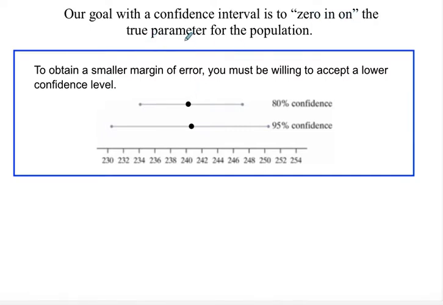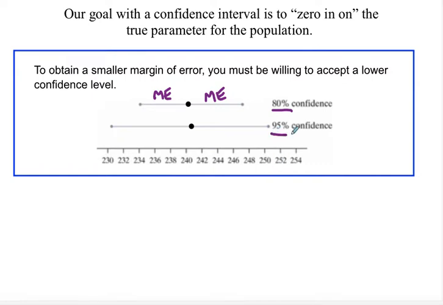Okay, so our goal, you would be a little bit more credible if you could zero in on the true parameter. Well, in order to zero in, you would need a smaller margin of error. Remember, this is your margin of error that you subtract from your point estimate, or this is the margin of error that you add on. So if you want to be more precise, you would need a smaller margin of error, but what that results in is less confidence.